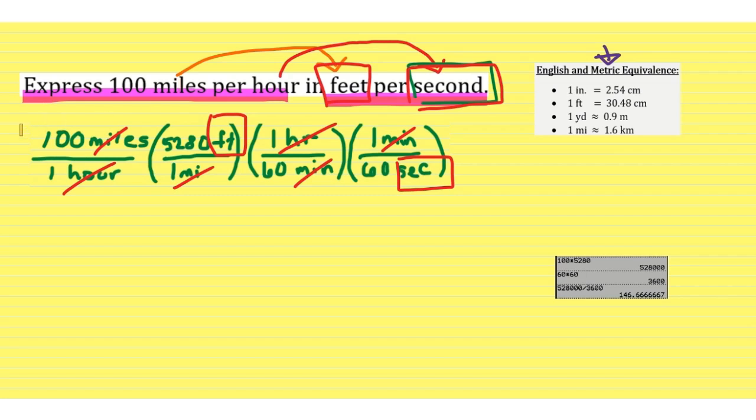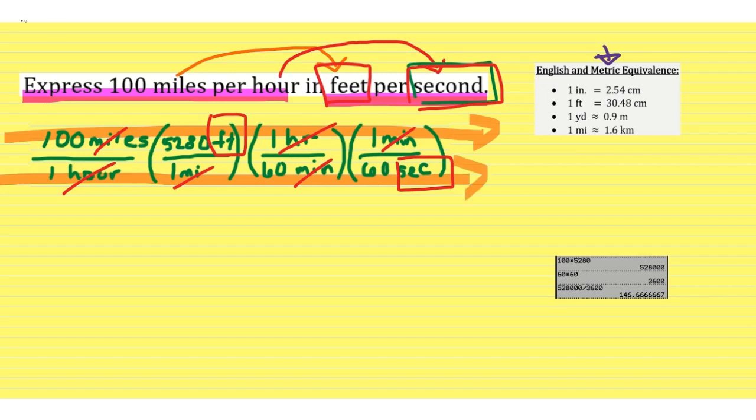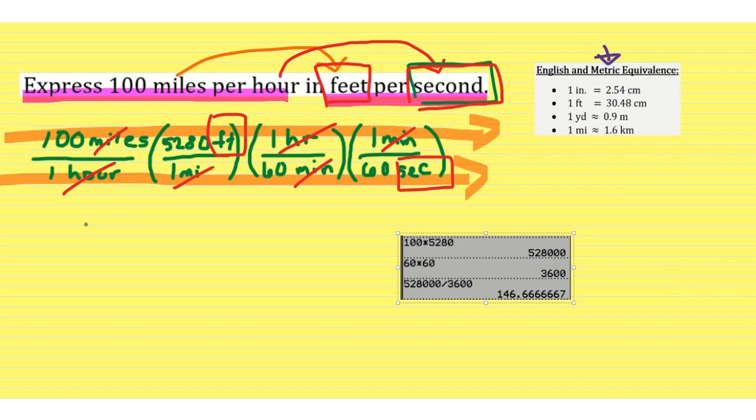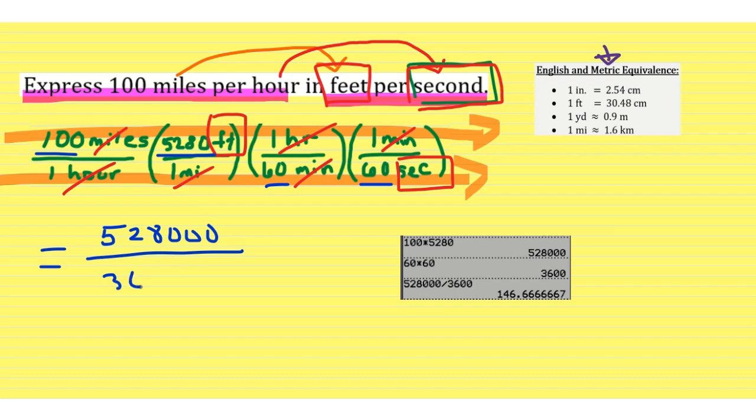So now I can multiply across my numerators. I can multiply across my denominators. And it's going to give me some figures here. It's going to give me a numerator of 528,000, and that's from the 100 times 5,280. And the denominator is going to be 60 times 60, which is 3,600.